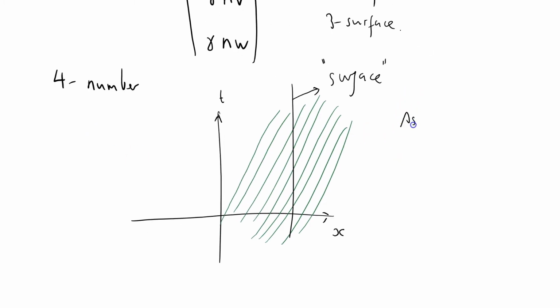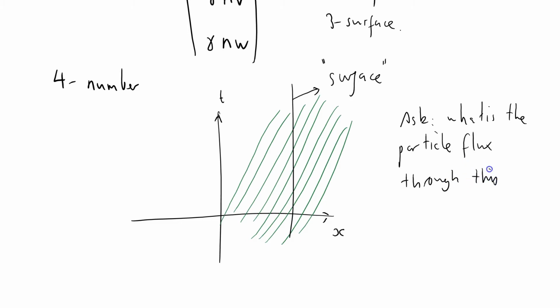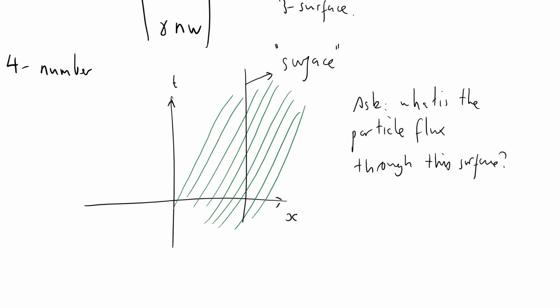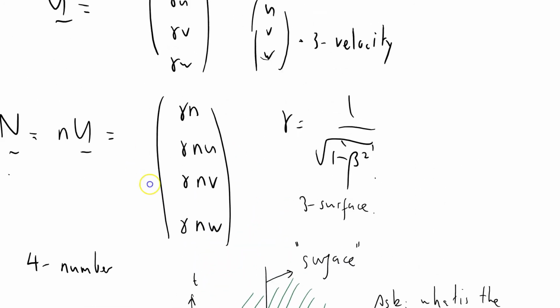And I'm going to ask, what is the particle flux through this surface? Well, the answer to that is, let me just write it down, and then I'll unpack it.